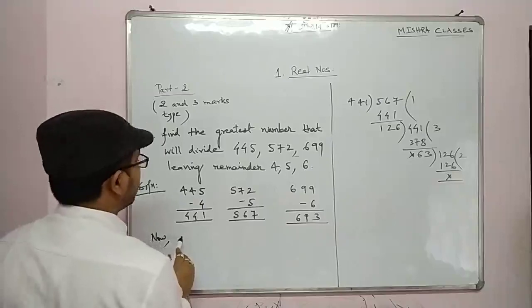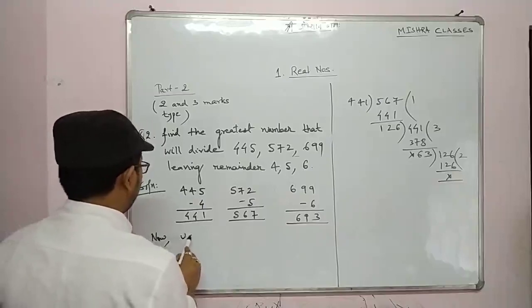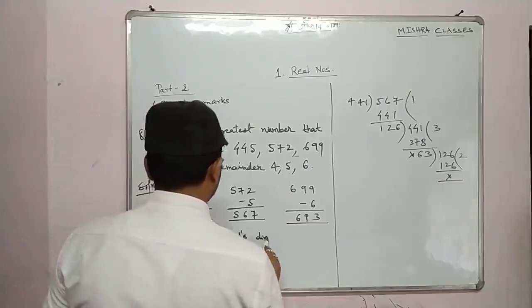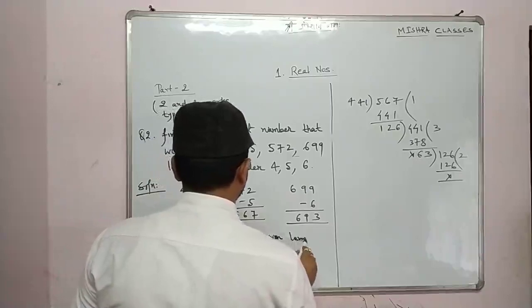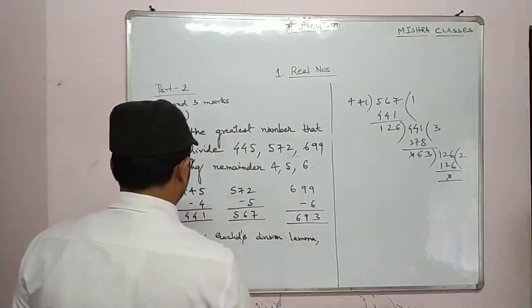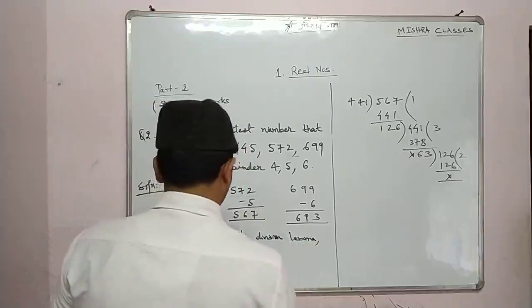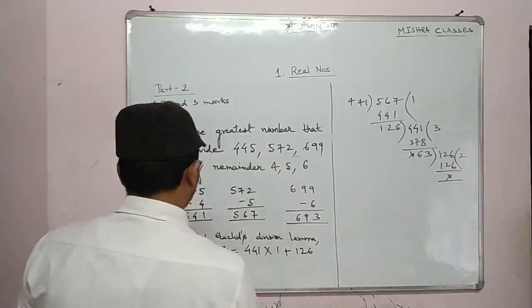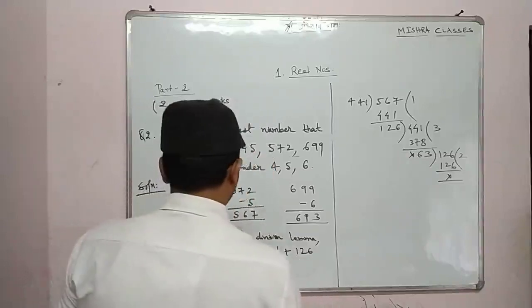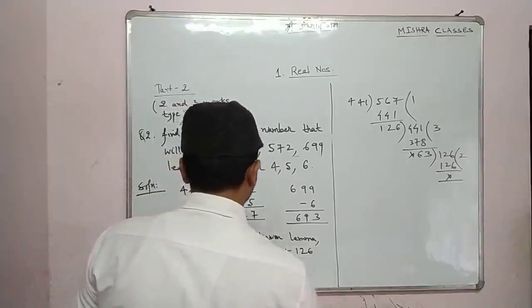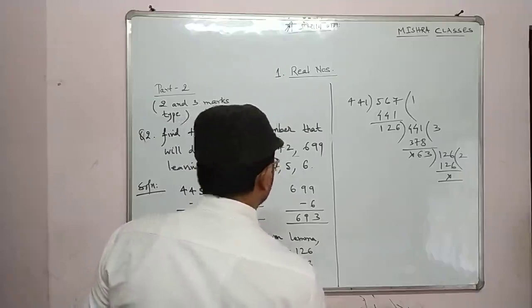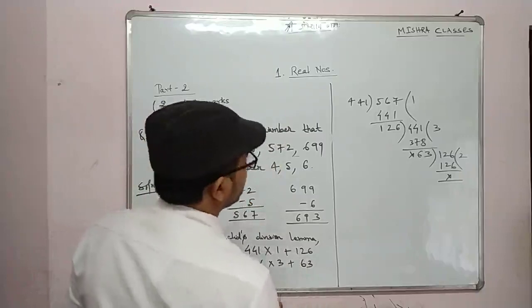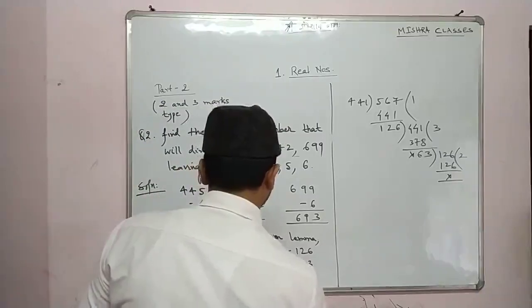So how will we write now? Using Euclid's division lemma, we can write 567 equal to 441 into 1 plus 126. Then 441 equal to 126 into 3 plus 63. Then 126 equal to 63 into 2 plus 0.